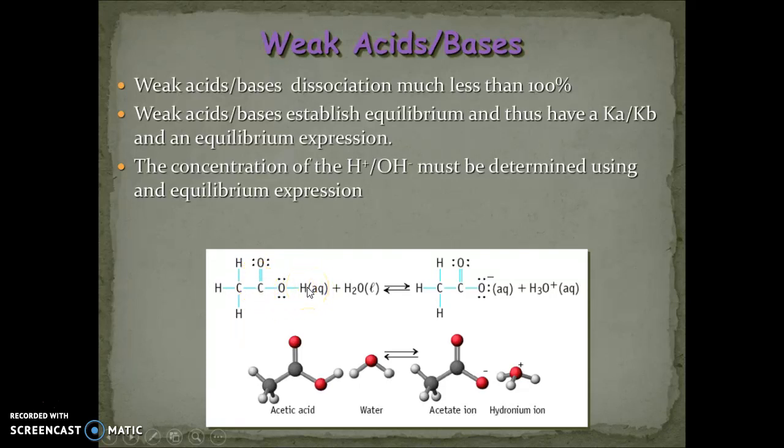So carboxylic acids can become acids in water because all of the electron density is going to be pulled towards that oxygen away from this hydrogen, and so we can lose that hydrogen. So you're going to get H3O plus, and you're going to get acetate ion. So to figure out how much hydronium ion you're going to get, you have to set up an equilibrium expression. You've got the two ions in the numerator, and you've got the whole molecule in the denominator. Remember, we don't have to worry about water because it is a liquid.